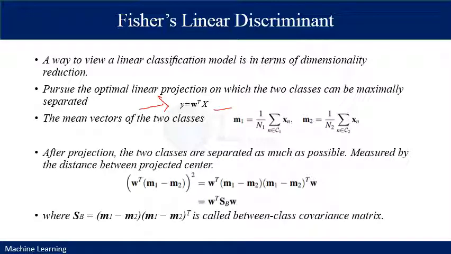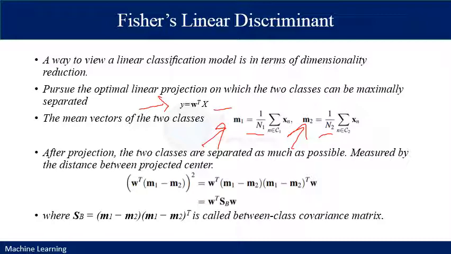So by adjusting the components of the weight vector w, we can select a projection that maximizes the class separation. To begin with, consider the two-class problem in which there are N1 points of class C1 and N2 points of class C2, so that the mean vectors of the two classes are given by m1 and m2.